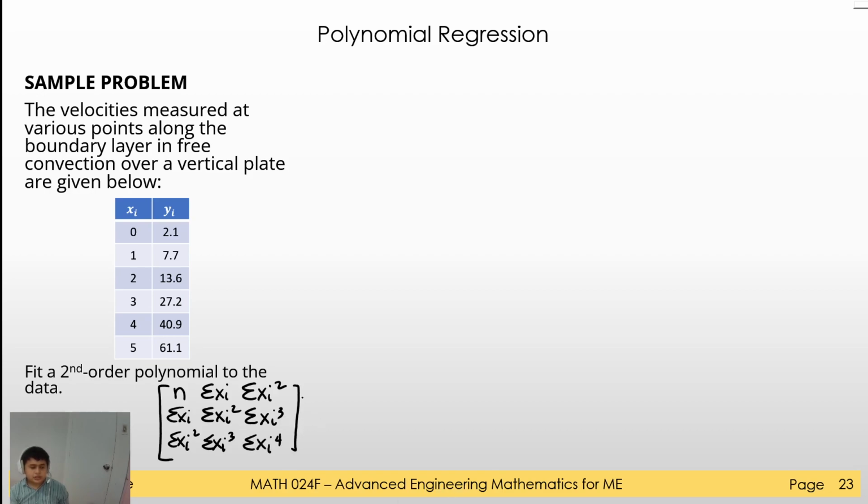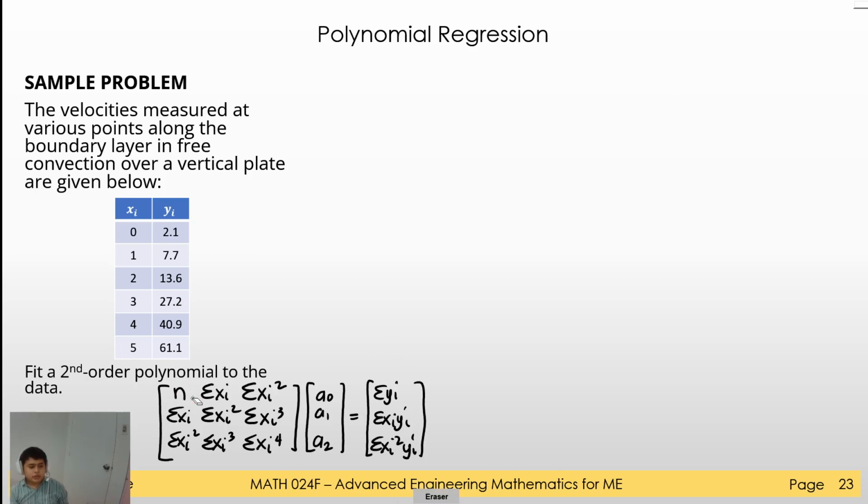Then we have the unknowns a0, a1, and a2, and on the right side summation of yi, summation of xi yi, and summation of xi squared yi. You need to tabulate all of this.